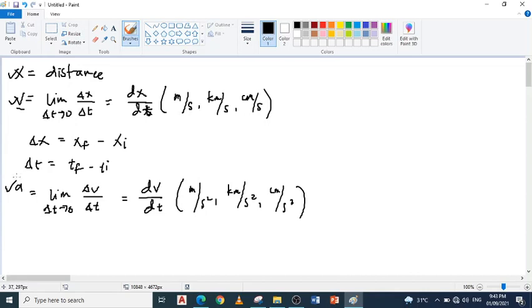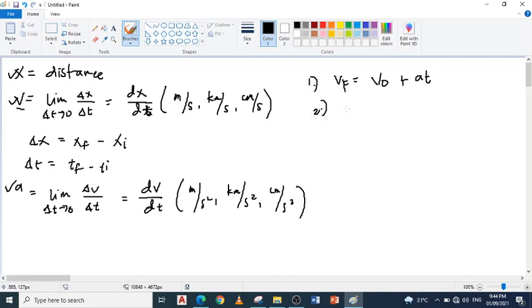Now, pagdating naman doon sa mga formulas na gagamitin, okay? So, tatlo lang yung kailangan tandaan. That is the final velocity is equal to Vo, initial velocity, plus the acceleration times time. So, that's the first one.